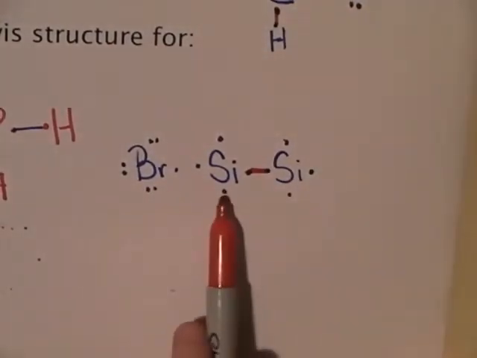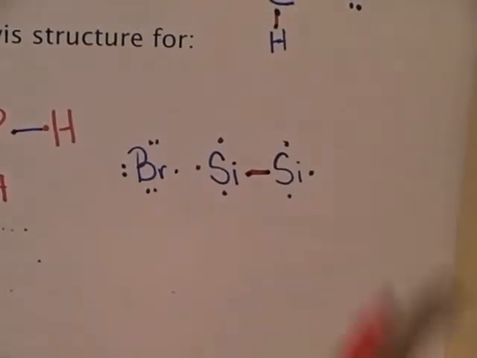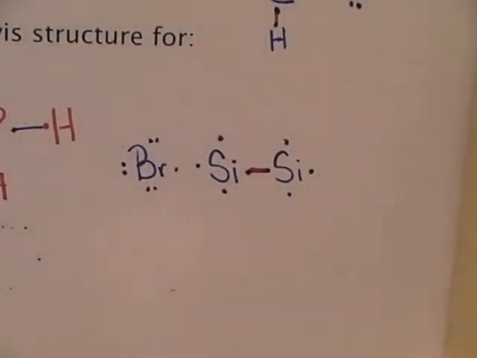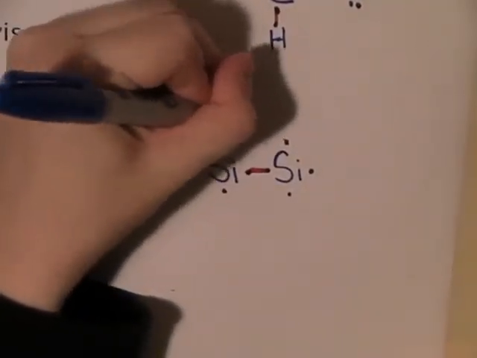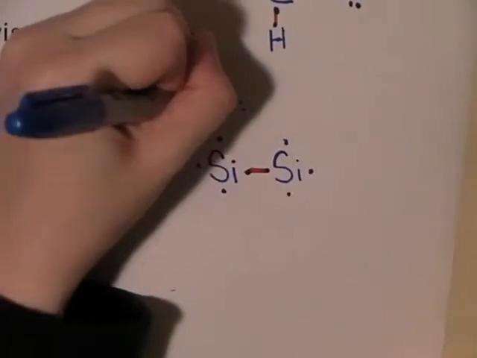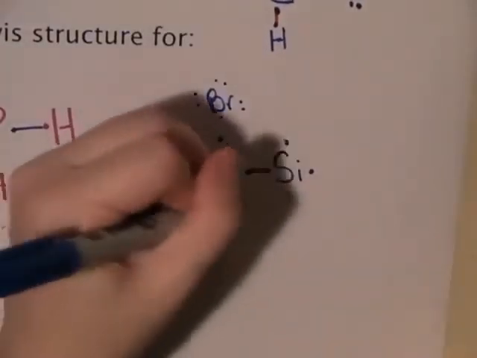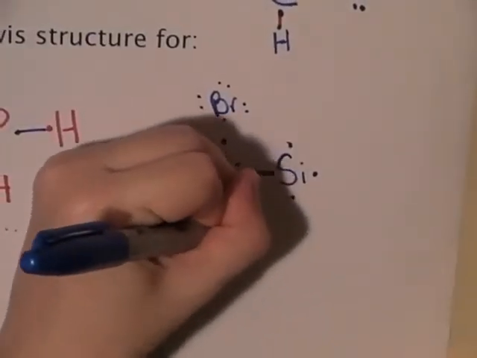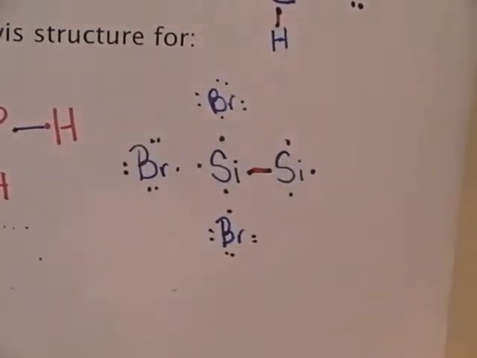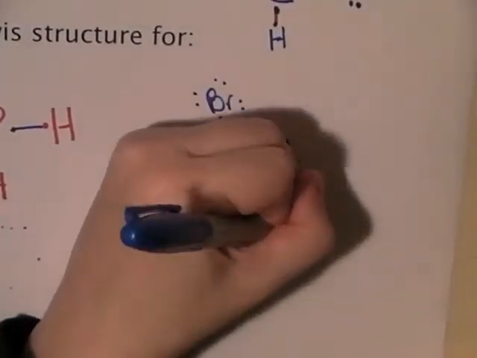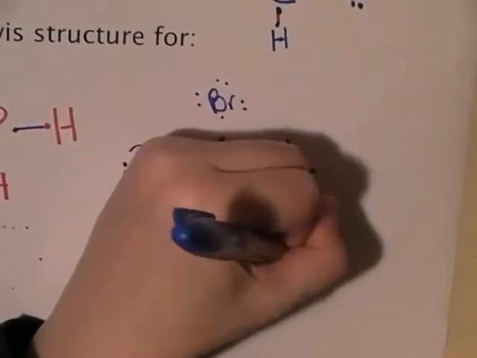And notice we have 1, 2, 3, 4, 5 more single electrons around our center. So, simple enough. You want to draw bromine on every side of all of your silicons, right? So in the end, you will have 6 bromine all surrounding your 2 silicon in the center.